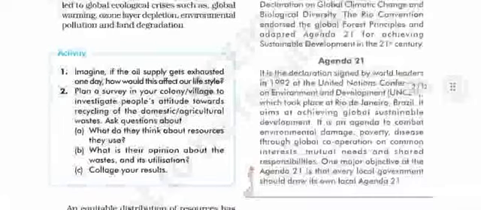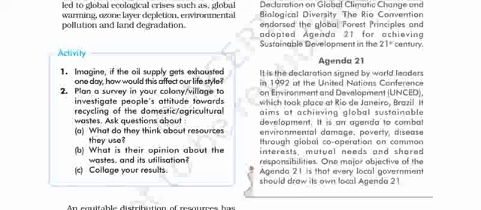Agenda 21. It is the declaration signed by world leaders in 1992 at the United Nations Conference on Environment and Development (UNCED), which took place at Rio de Janeiro, Brazil. It aims at achieving global sustainable development.